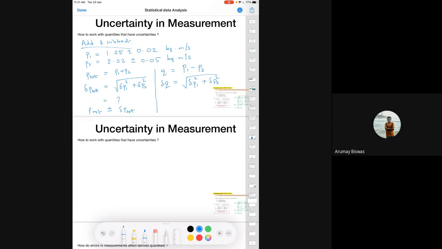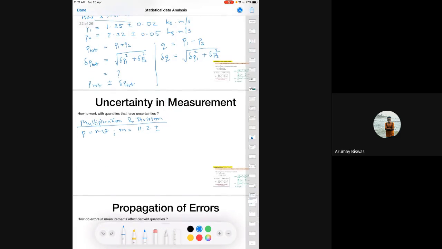So let's go to the next one. I have two quantities. Let's take momentum again, that is mass into velocity. My mass is, let's say, 11.2 plus minus 0.2 kg.